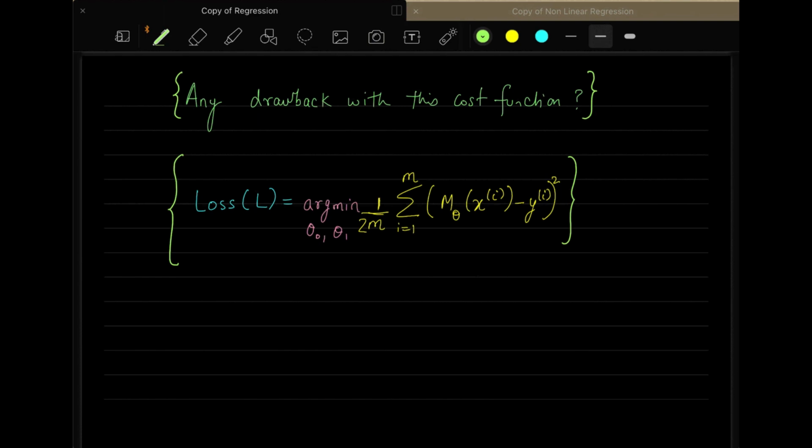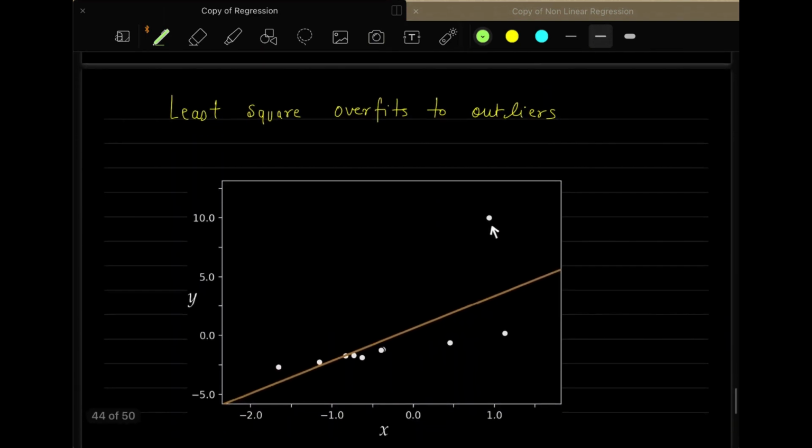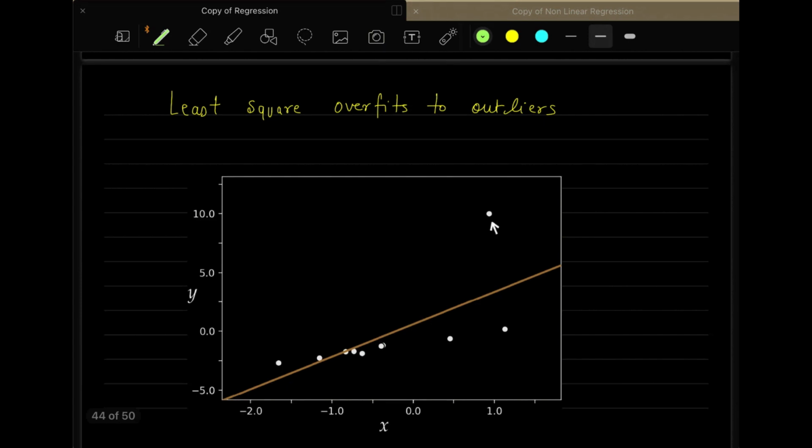Okay, so the drawback I will tell you, if this situation comes like the one which I am showing you over here, in this situation what you are observing is you have one sample which is given over here. This sample is actually far away from most of the samples that are scattered around in this area.